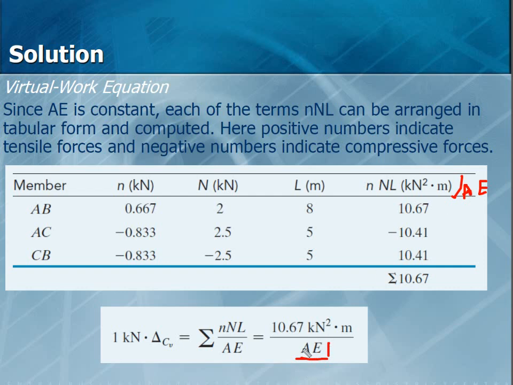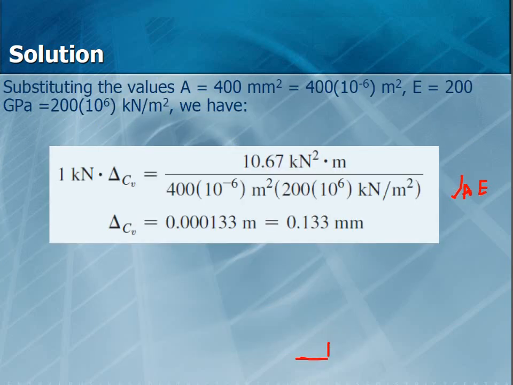Most probably E will be constant for the members, but sometimes you may have different materials within the same truss, so you have to do it over AE for each element, then take the summation. It gives you this delta. In this case, since AE is constant, A is 400 for all of them and E is 200 gigapascal.